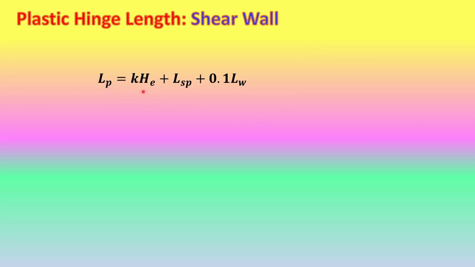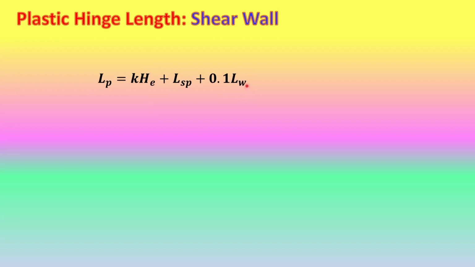So LP equals K HE plus LSP plus 0.1 LW. LSP was there earlier also in the earlier column formula. K was also there. H is the effective height of the wall. So the effective height is to be calculated by considering the system to be an equivalent single degree of freedom system, and therefore you can get the expression for effective height.